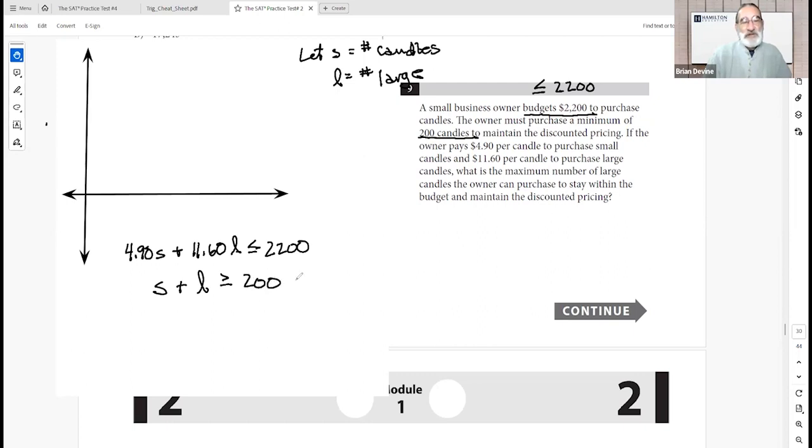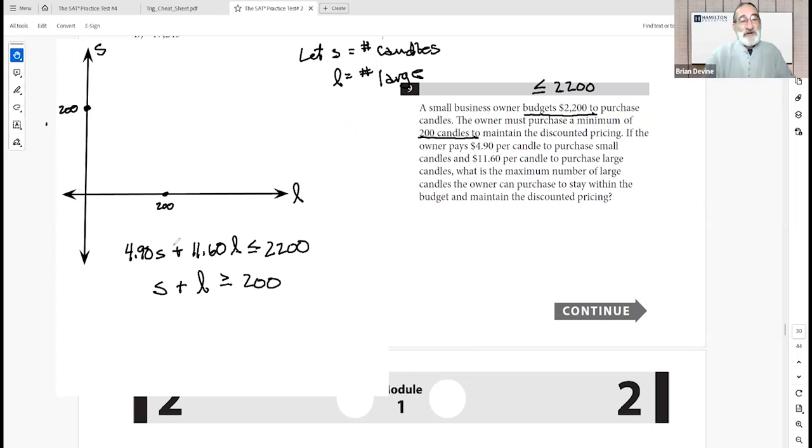I've got to have a minimum of 200. And I can graph these things quite readily. If I look at S plus L is greater than or equal to 200, well, if L equals 0, then I can get 200 smalls. And if S equals 0, I can get 200 bigs.